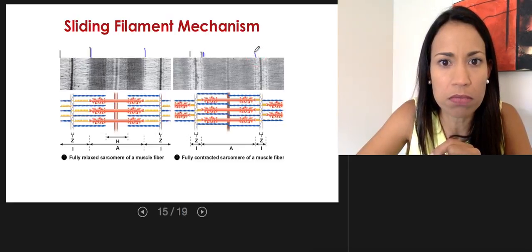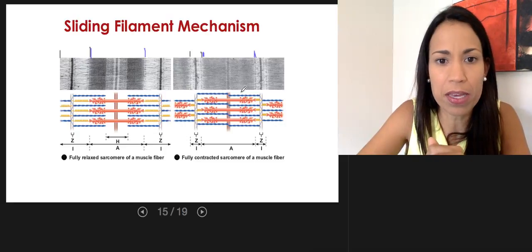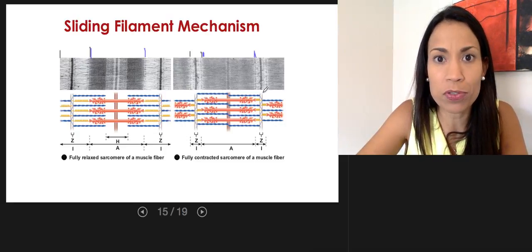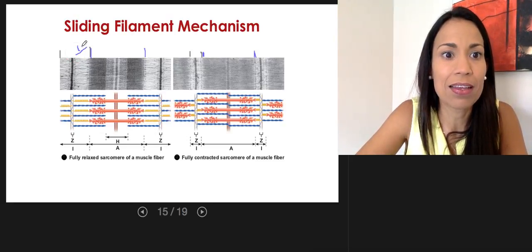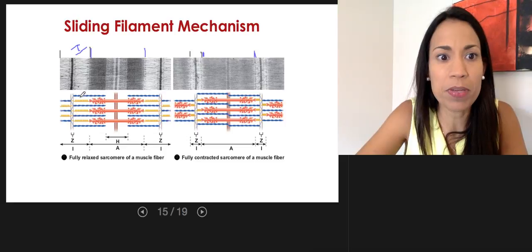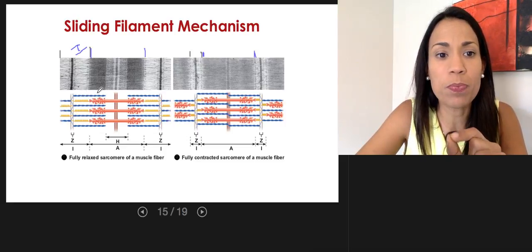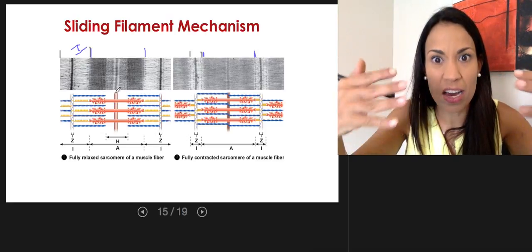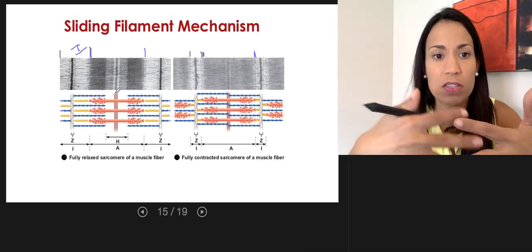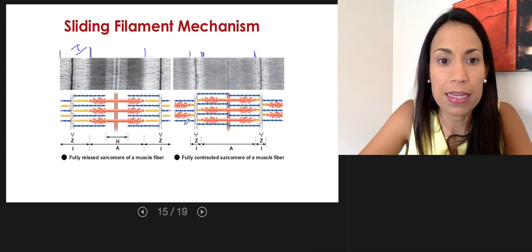So the width of the A band remains the same because the myosin filaments do not shorten. Now, the I band changes length, but not because the actin filaments shorten, but because they slide towards the M line on top of the myosin filaments.